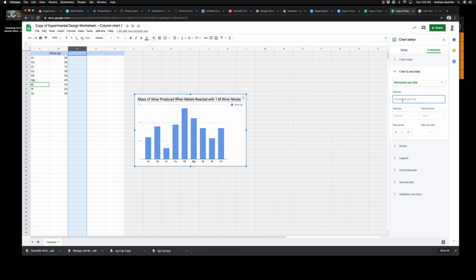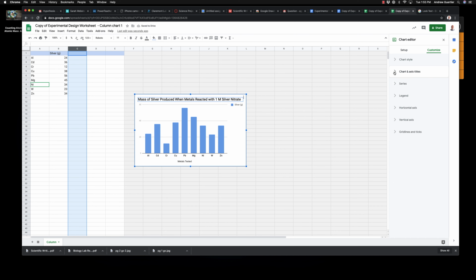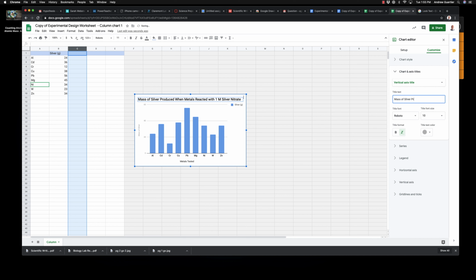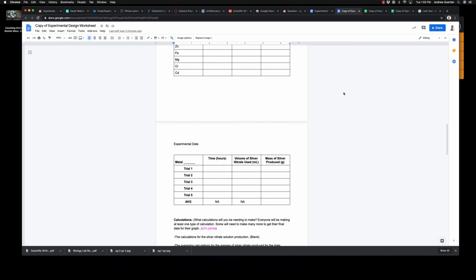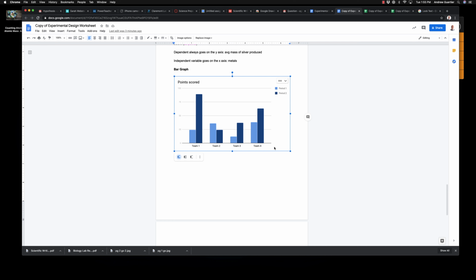The horizontal axis would be our metals tested, and the vertical axis would be mass of silver produced in grams. And there we go. We have a nice pretty graph. It's fake. Nonetheless, it's there.